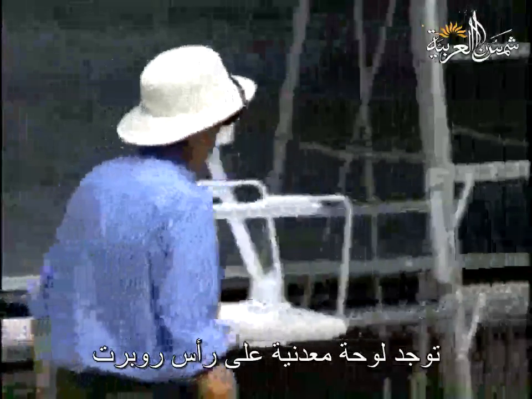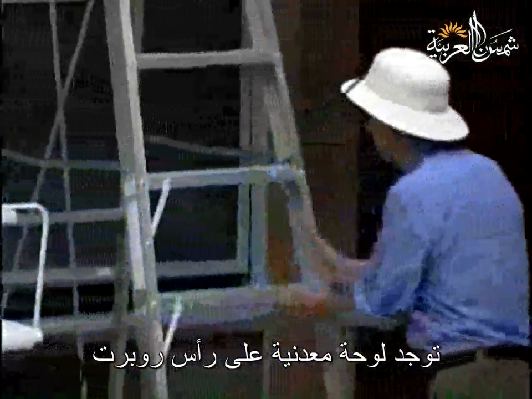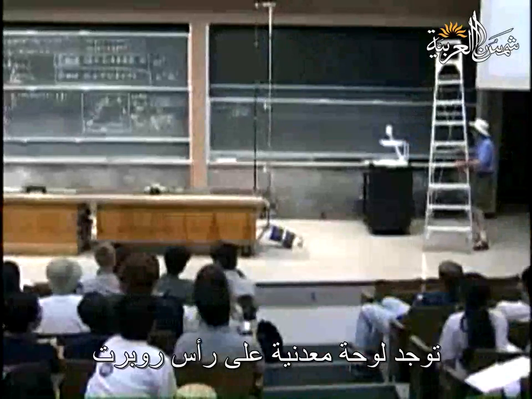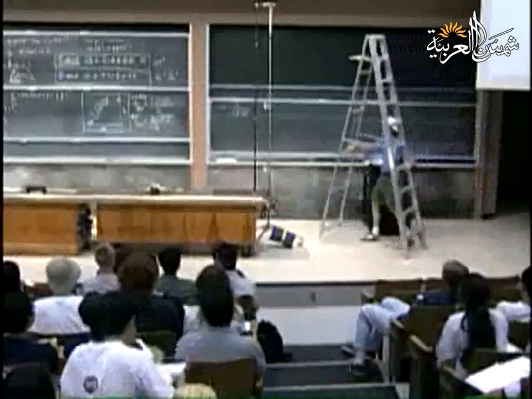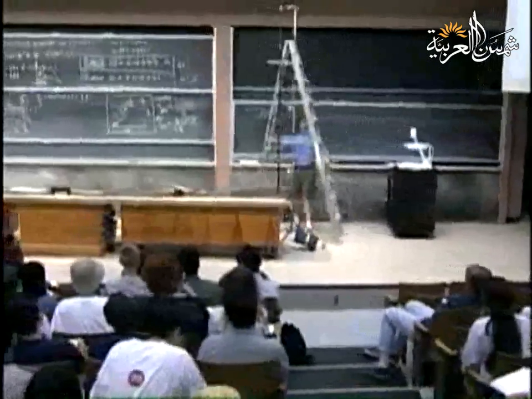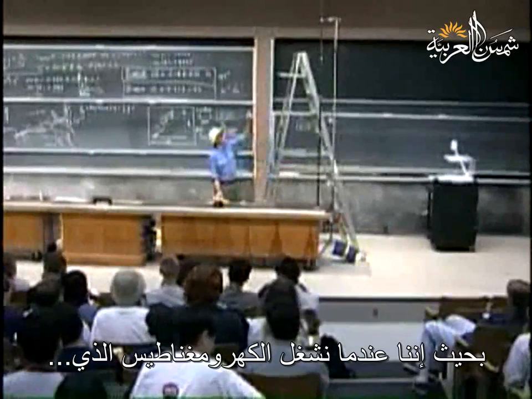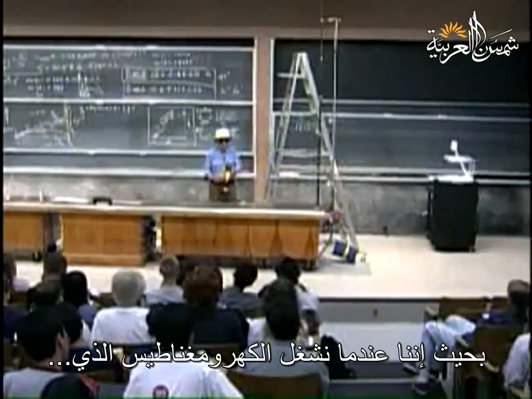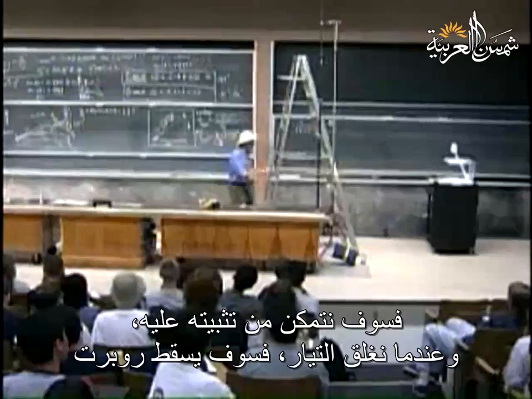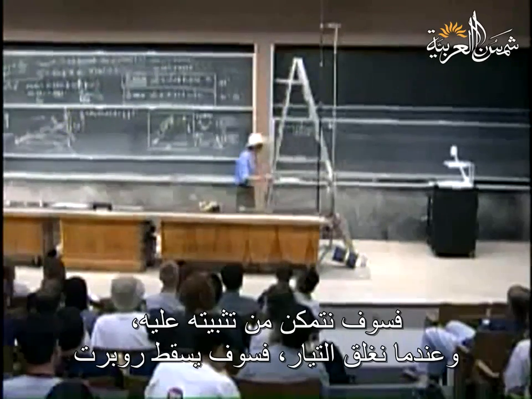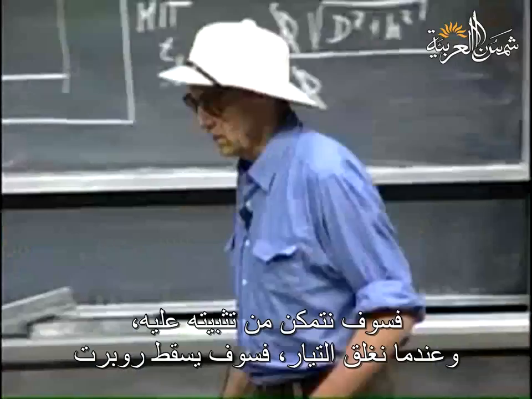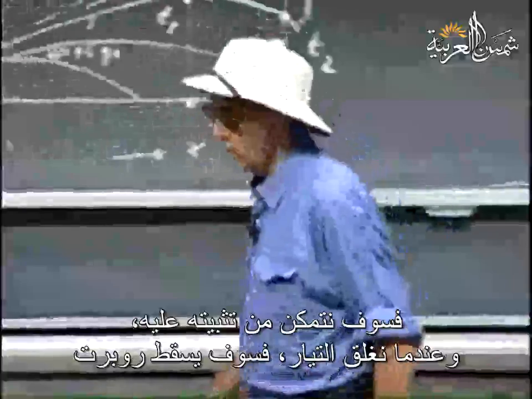Here is Robert, and we're going to put Robert up here. Robert has in his head a metal plate so that when we activate the electromagnet, we can stick him on there, and when we take the current off, then Robert will fall.